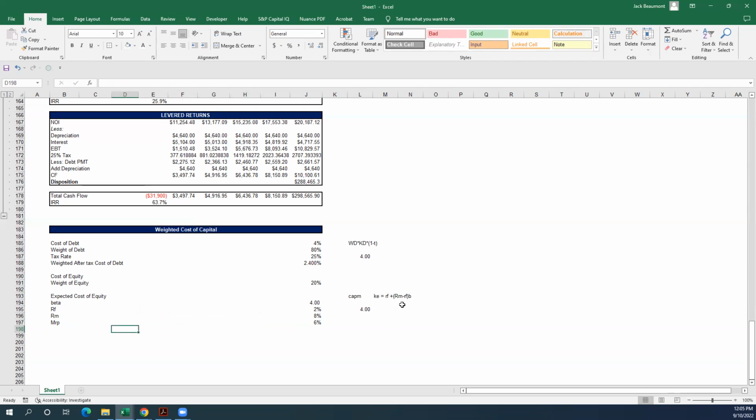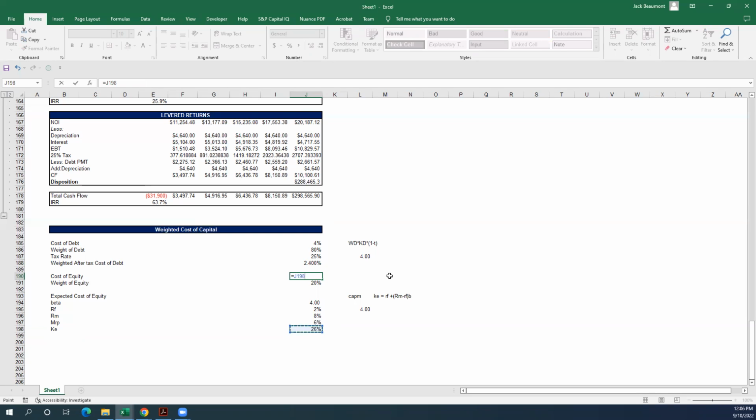So now what I'm going to do is the cost of equity is going to equal this times the beta, plus the risk-free rate. 26%. It's quite high, isn't it? So that's going to go up to here.